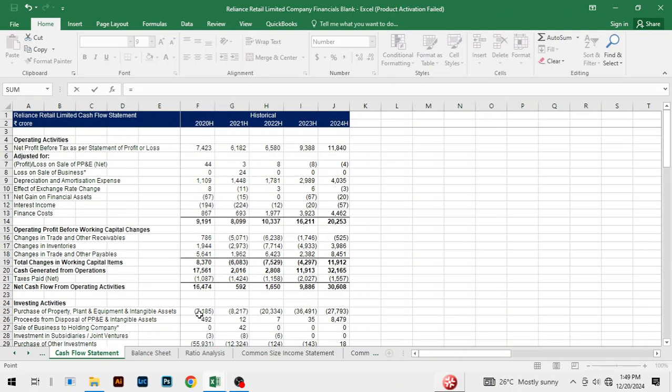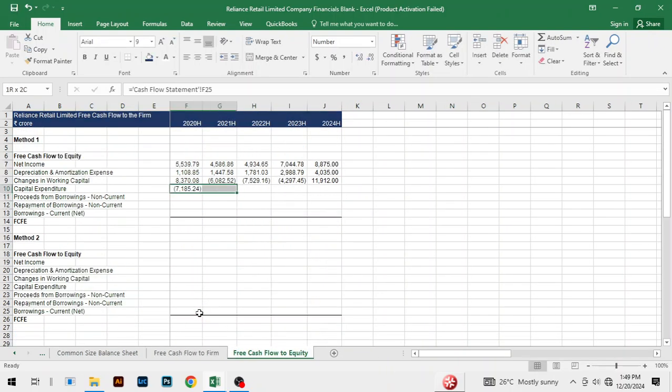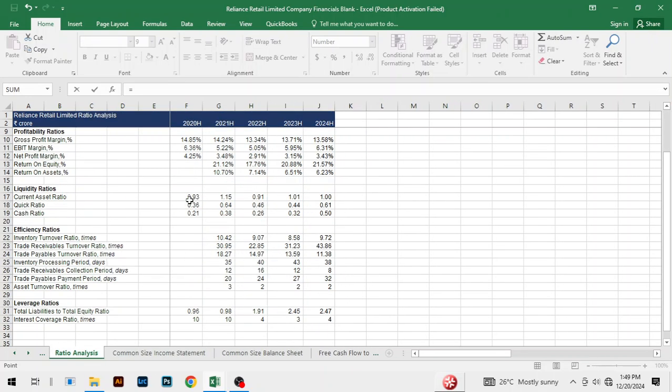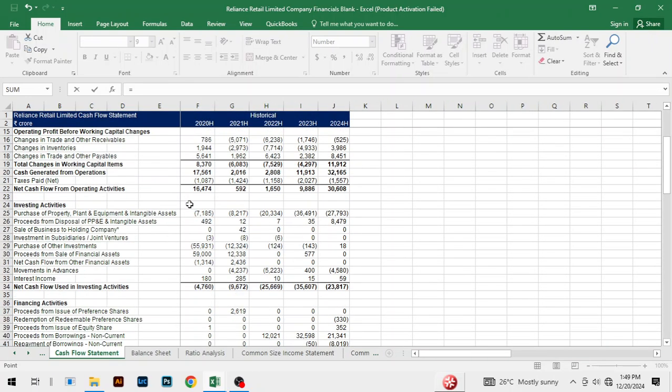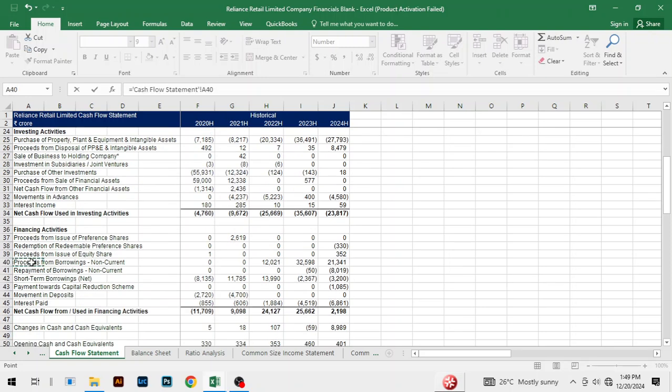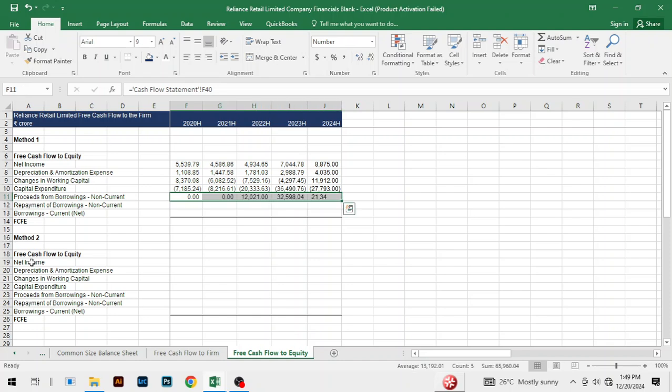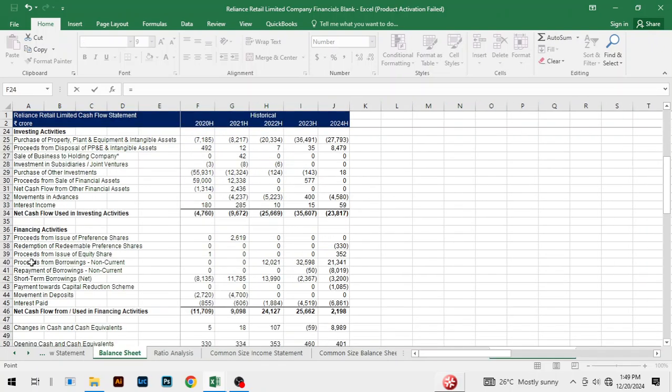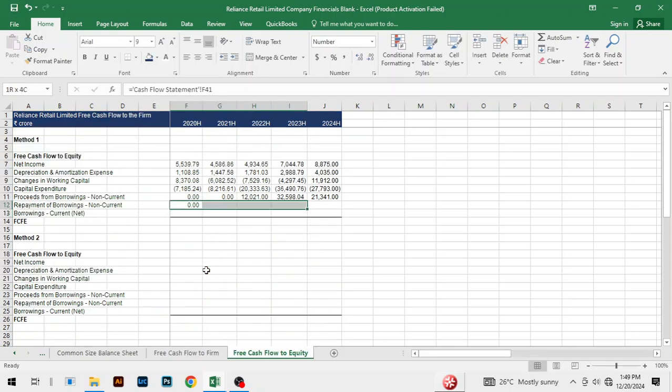So capital expenditure, we have got purchase of property, plant, equipment, and other intangible assets, and proceeds from borrowings, non-current. So let me find that, proceeds from borrowings, non-current, right? Here, repayment of borrowings, non-current as well.